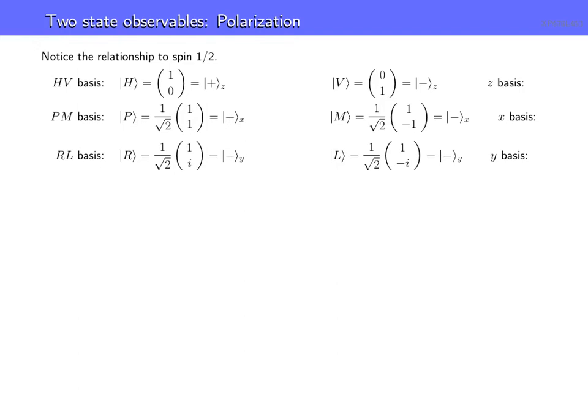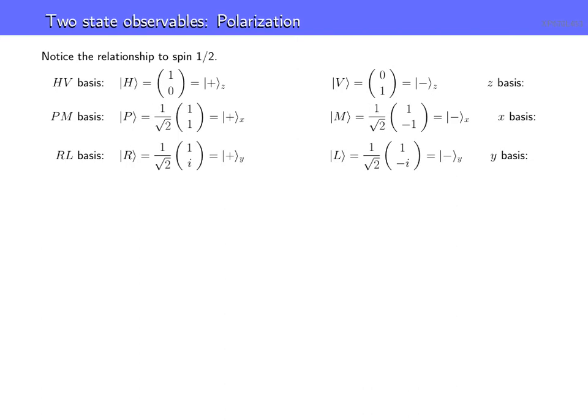All right? So here is what we just defined, our HV bases, H and V, and we use these column vectors. And now, remember the P was H plus V, so we add these two components and so on. Probably go back and check that, if that doesn't seem right. But I've also added here the spin half bases. So this is the Z bases, we have plus and minus in the Z direction, plus and minus in the X direction, and plus and minus in the Y direction.